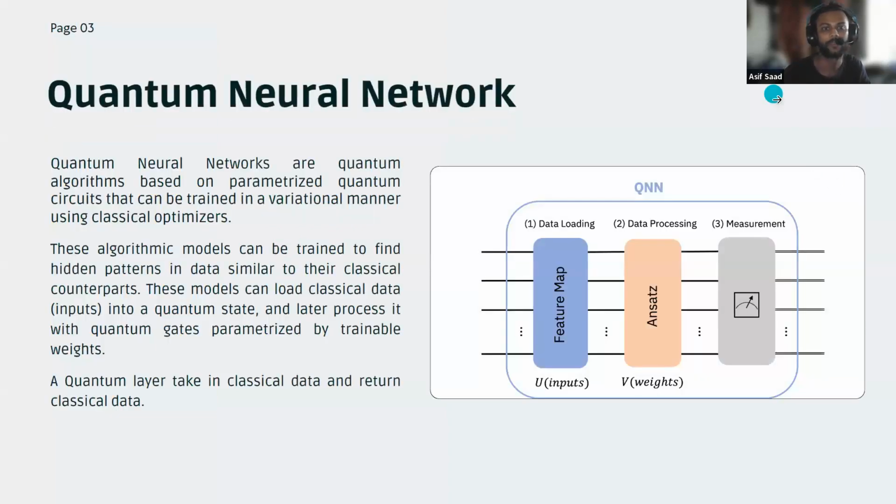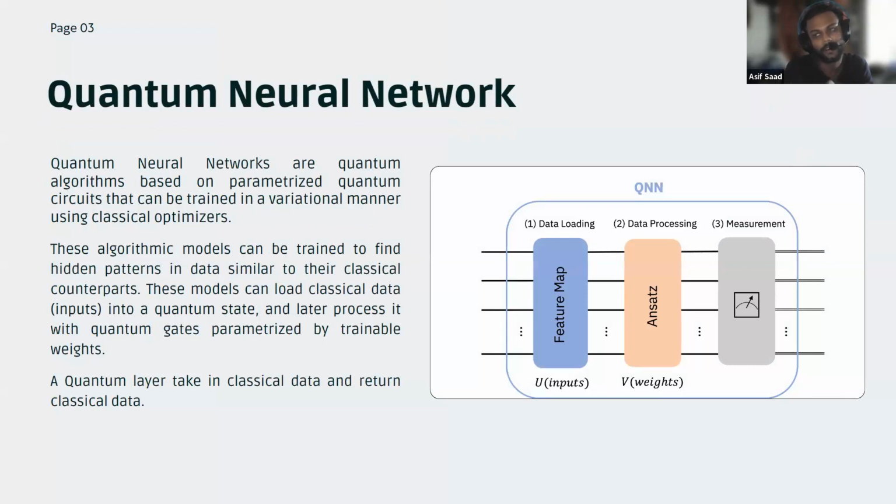Let's recap the quantum neural network. How is it going to work? Like the classical neural network, it has all the same parts. In the classical convolutional neural network we have the feature map, and in the quantum neural network we have the equivalent feature map in quantum space.